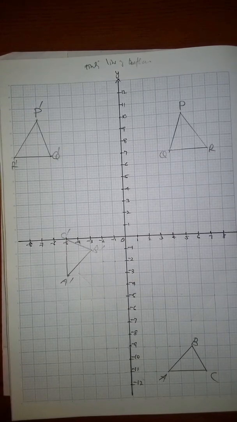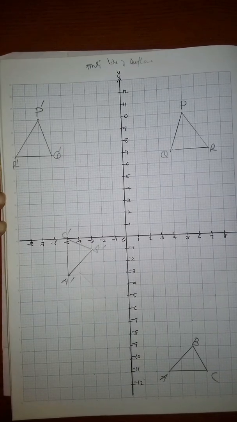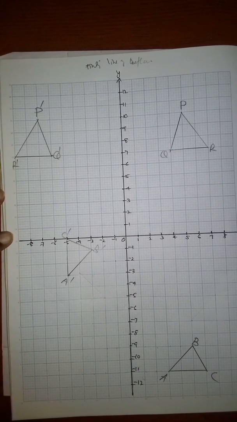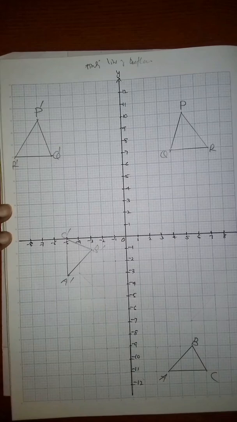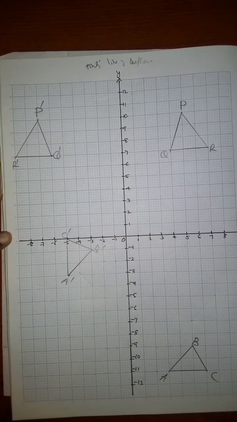In such instances also you have to find the line of reflection, because the line of reflection is the defining factor for a reflection. To describe a reflection, the line of reflection is a must. So finding the line of reflection is an important thing that you have to learn.